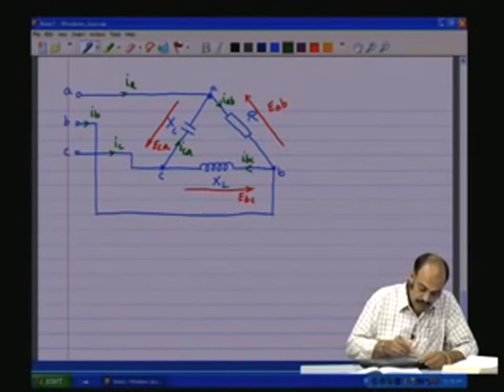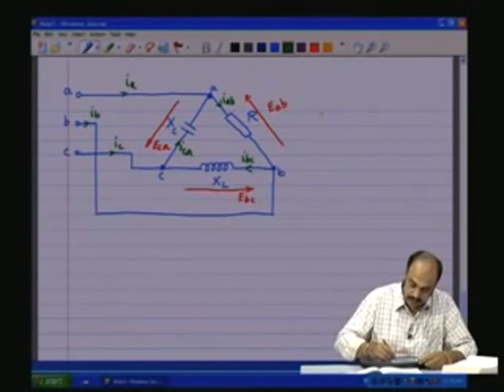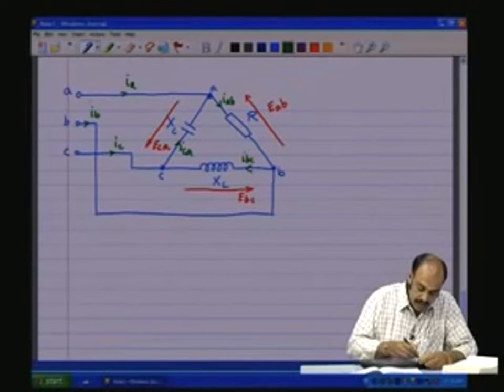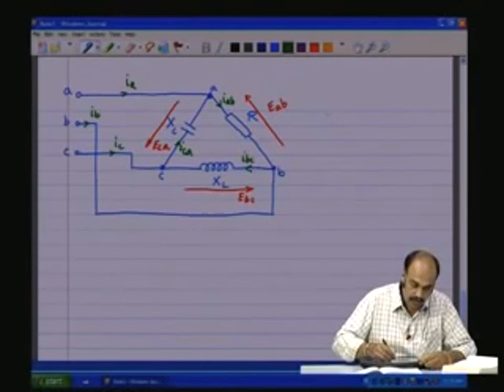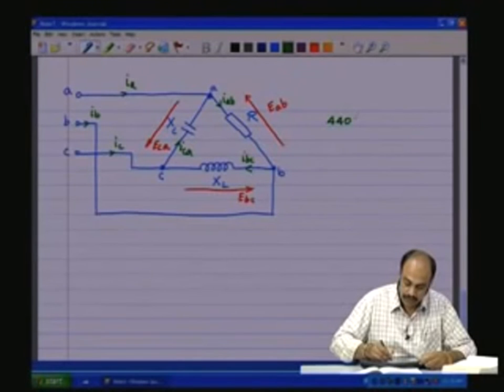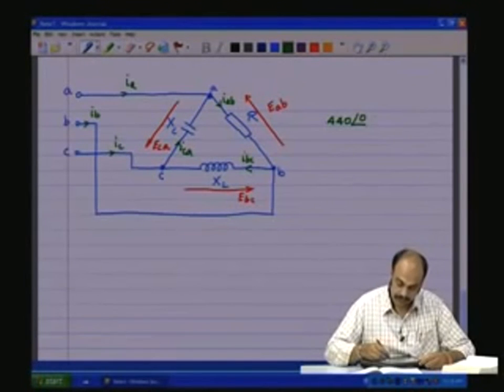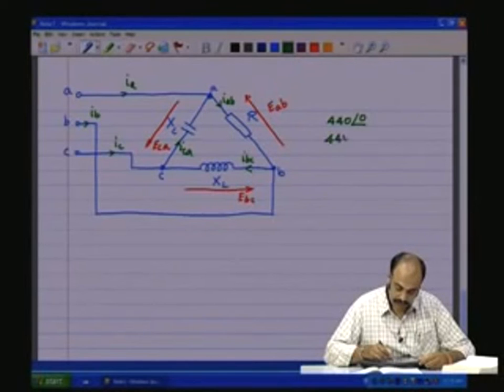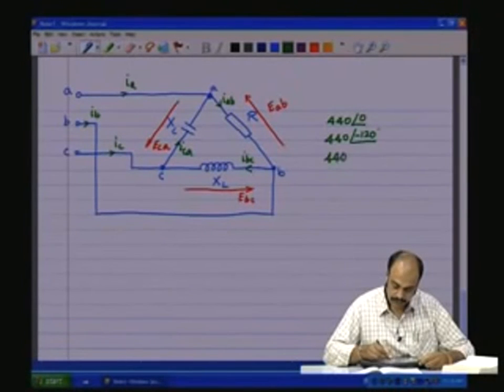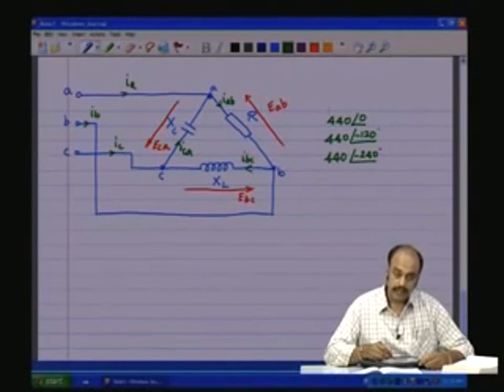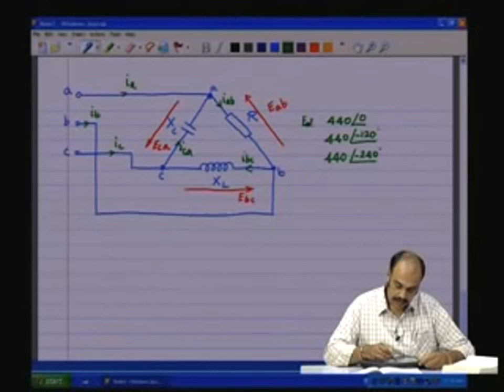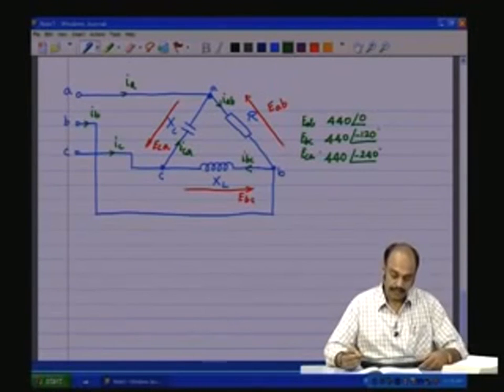So, you have EAB, EBC, ECA all 120 degrees out of phase and they are 440 volts at a phase angle of 0 degrees, 440 volts at a phase angle of minus 120 degrees, 440 volts at a phase angle of minus 240 degrees. These are the EAB, EBC, ECA that will be applied.